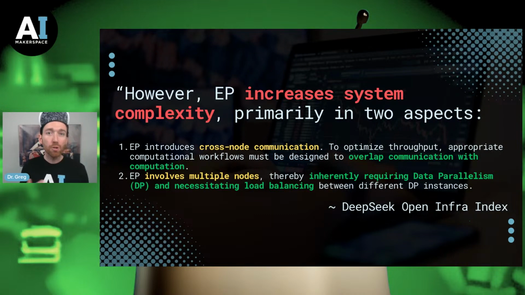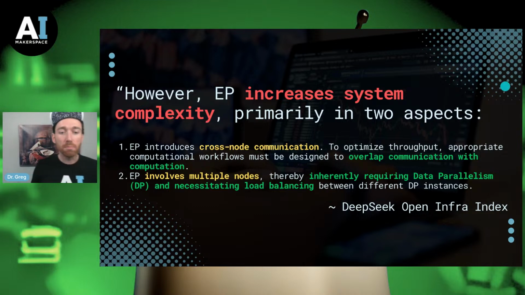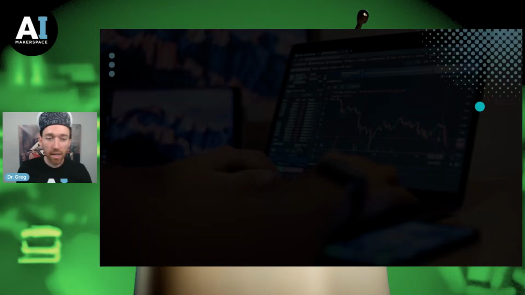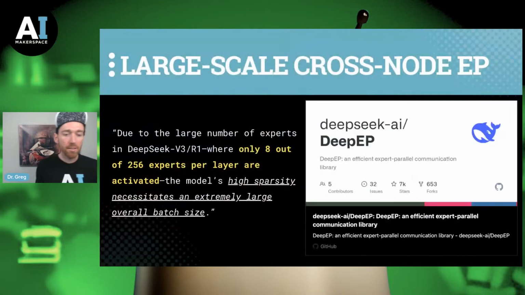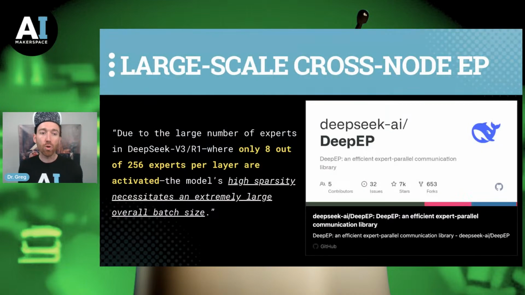So these are two problems that come up because of the nature of the competing optimization objectives. We address these challenges by 1, leveraging expert parallelism to scale batch size, 2, hiding communication latency behind computation, and 3, performing load balancing.